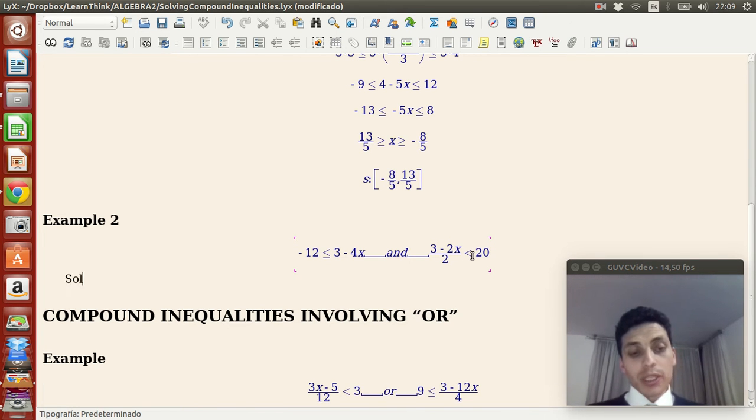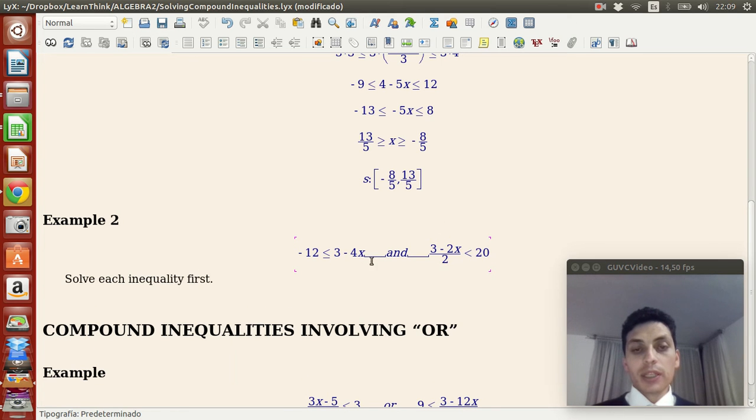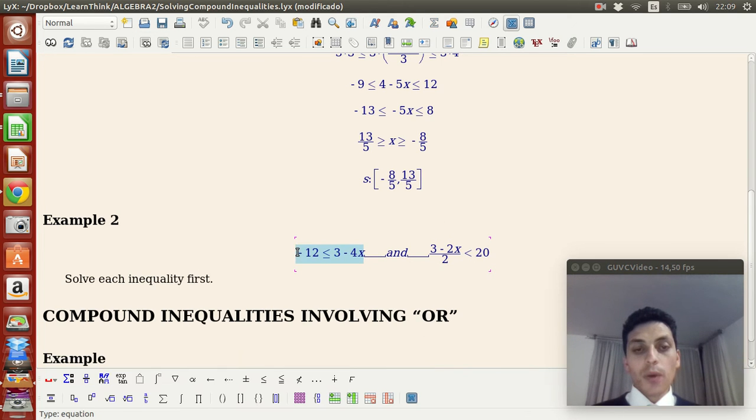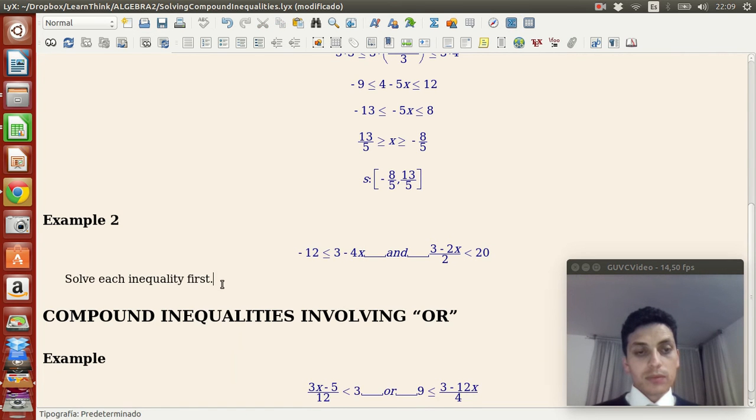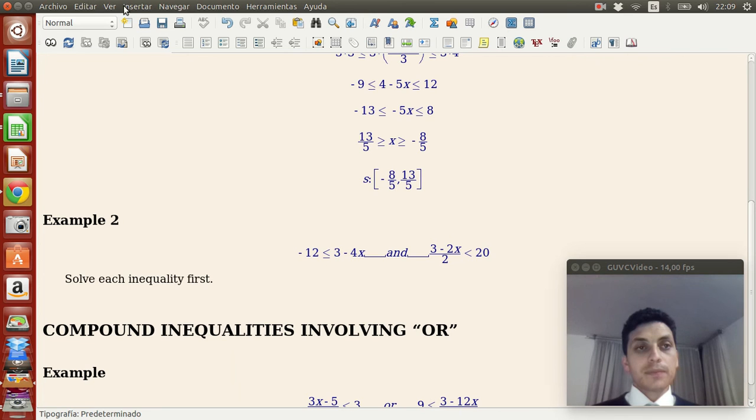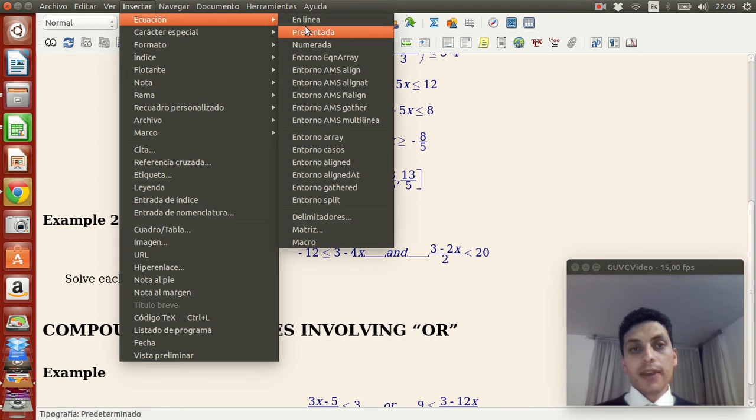The way to do it is to solve each inequality first. We're going to solve each inequality separately, as if there were no "and".